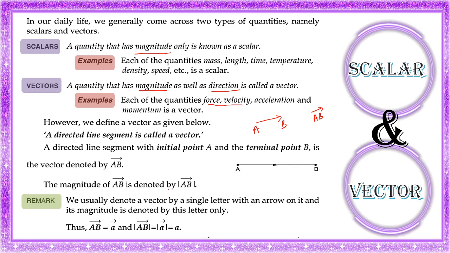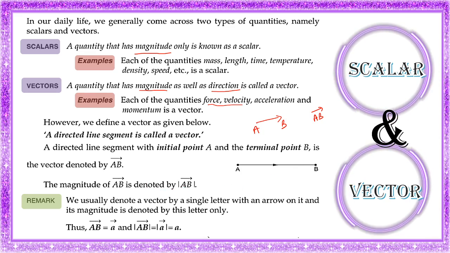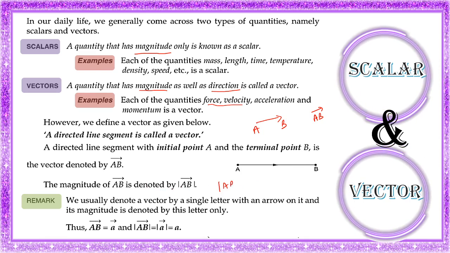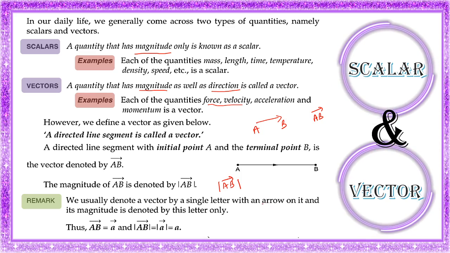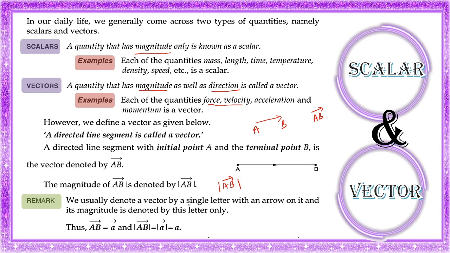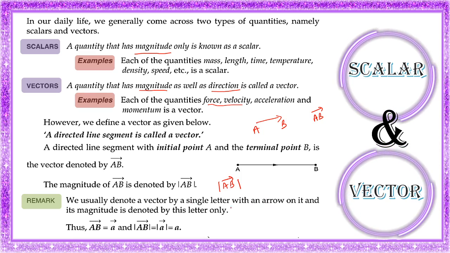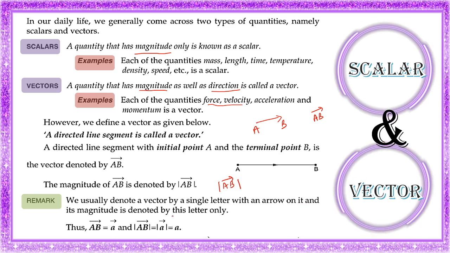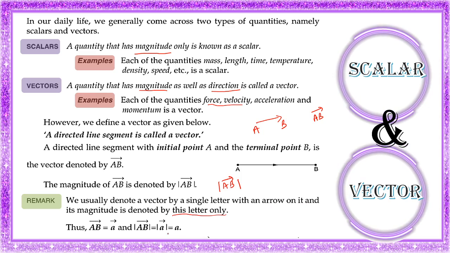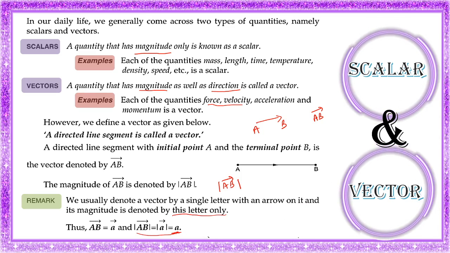And the magnitude of AB is denoted by these two lines, modulus, like this. This will be the magnitude, the length of this vector. We usually denote a vector by a single letter with an arrow on it, and its magnitude is denoted by this letter only. We write down the magnitude like this also.